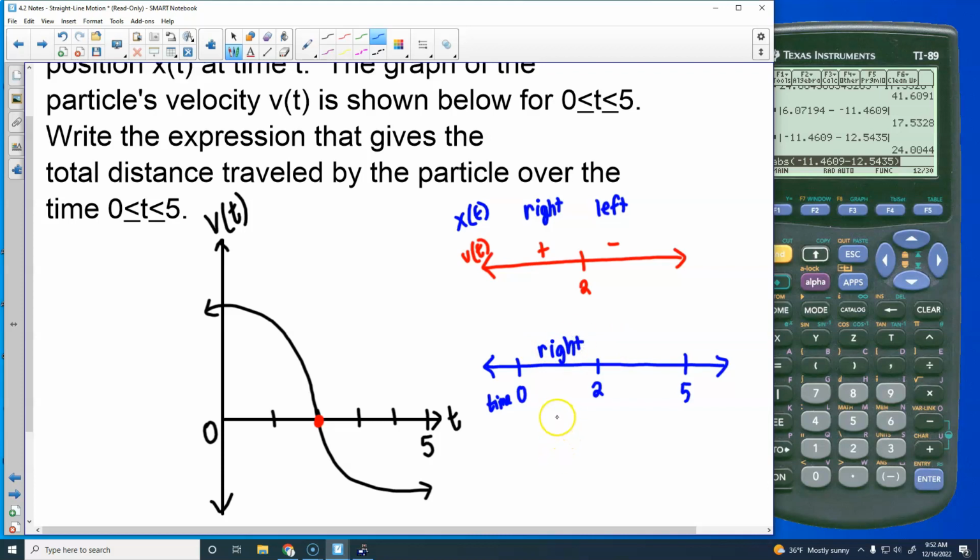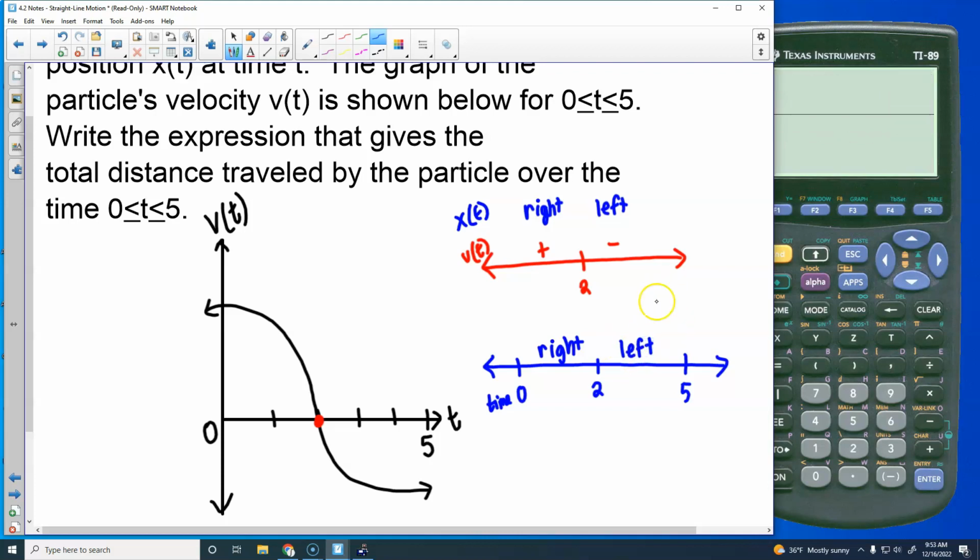I need to have, it would be good if I use absolute value bars, it would be easier to write this, but I'm going to tell you that whenever you see this with answer choices, it doesn't have absolute value bars. And then right here, I'm going to the left.